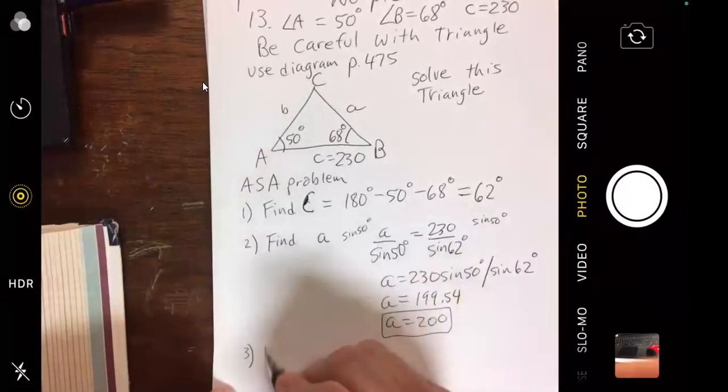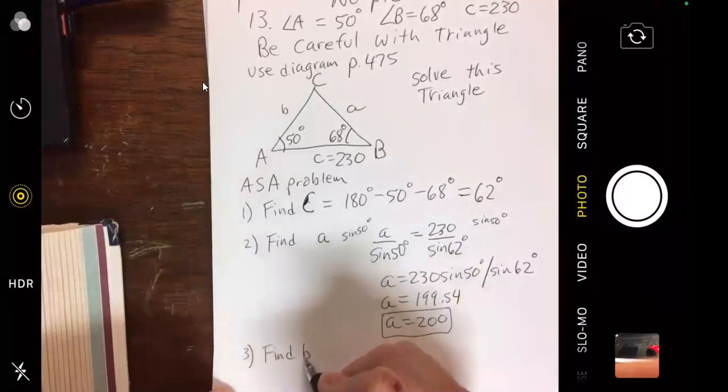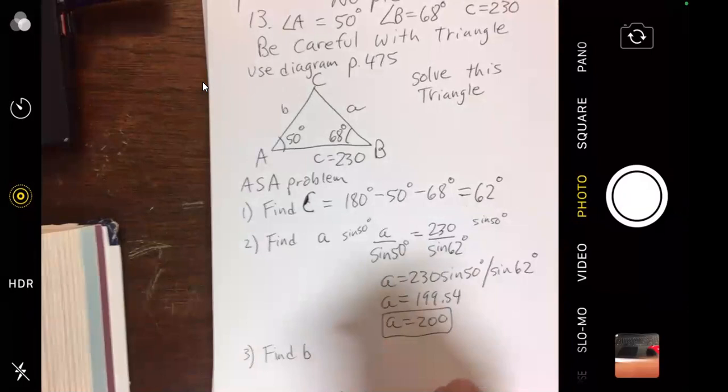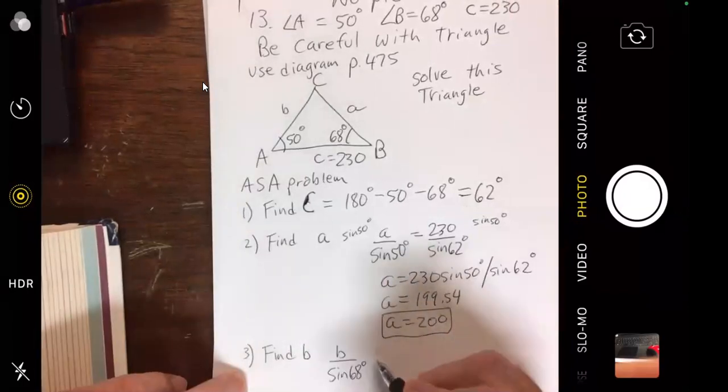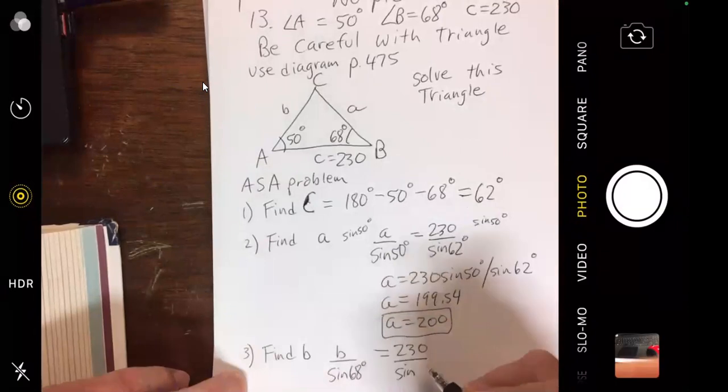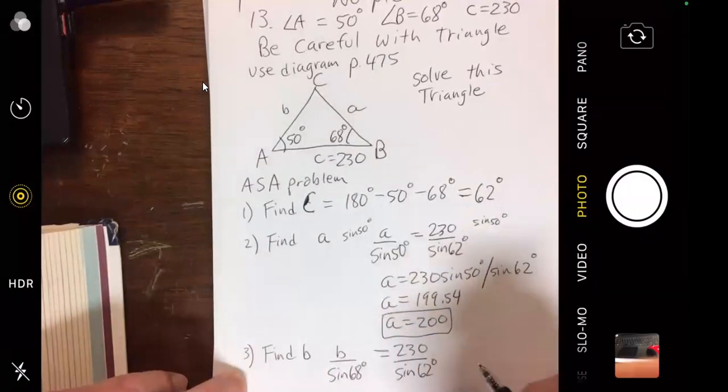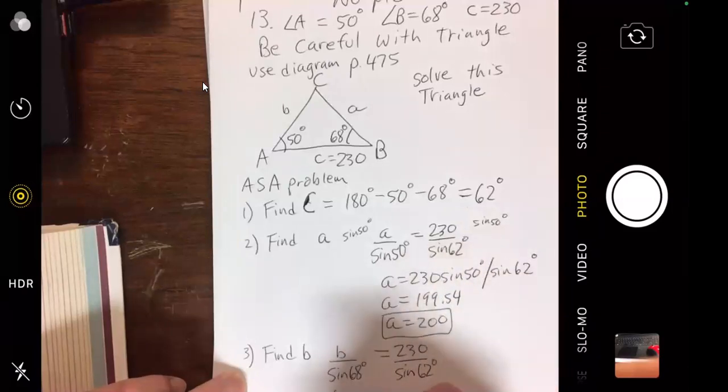And then find B. B over sine 68 degrees is equal to, I'll stick to the 230 over sine 62 degrees. Again, multiply both sides by sine 68.